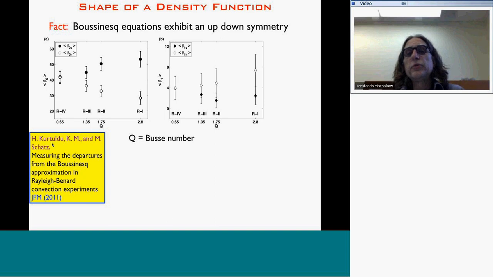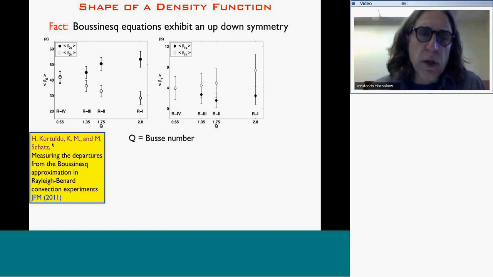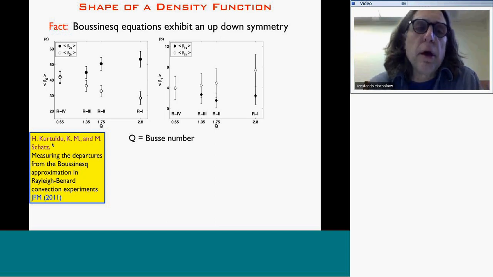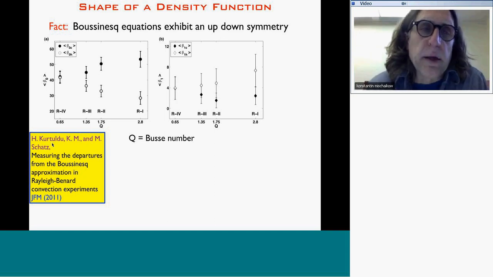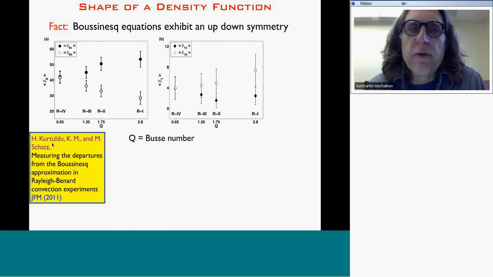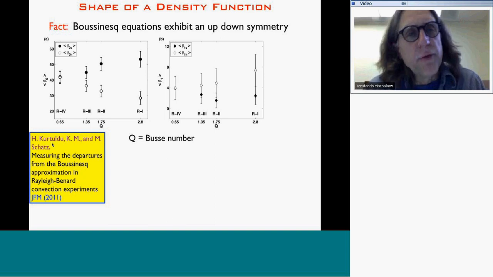So solutions to the Boussinesq equation should exhibit an up-down symmetry to the convection problem. What you see in these pictures are the Betti numbers. In the left graph, the dot is the beta 0 for the cold fluid, the black pixels, and the white is the beta 0 for the hot fluid, the fluid that's coming up, the white pixels.